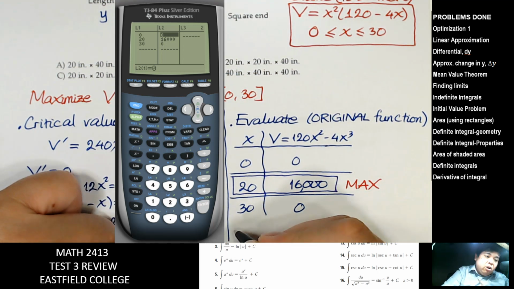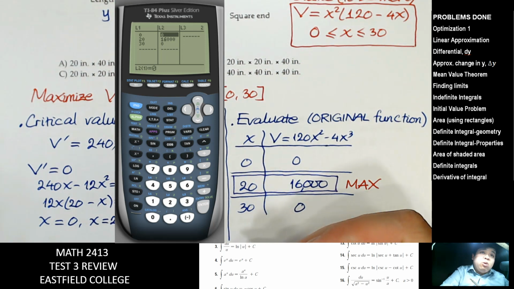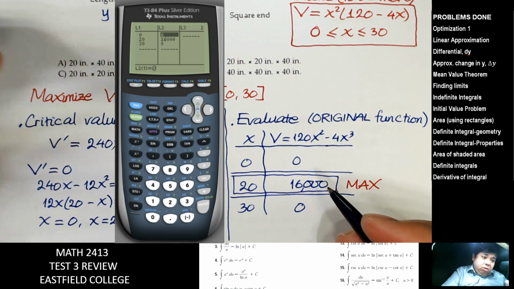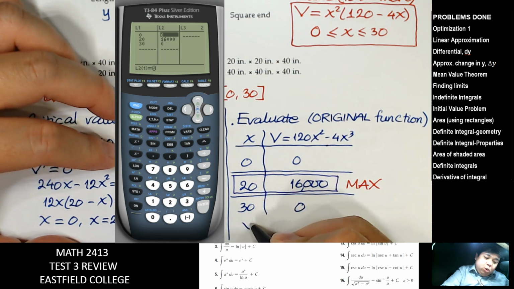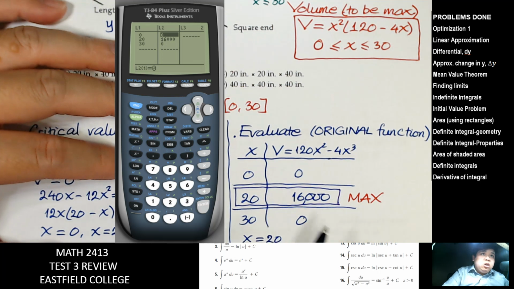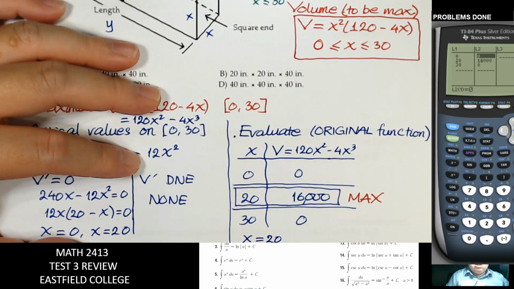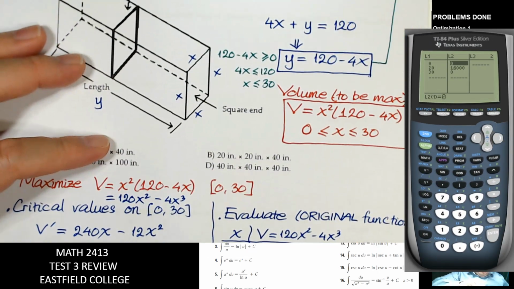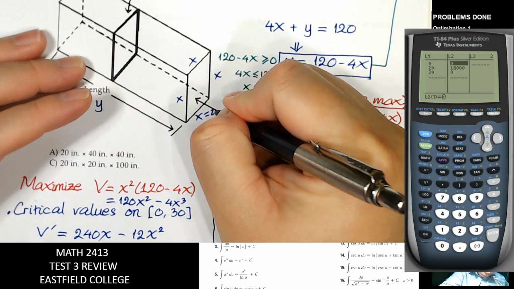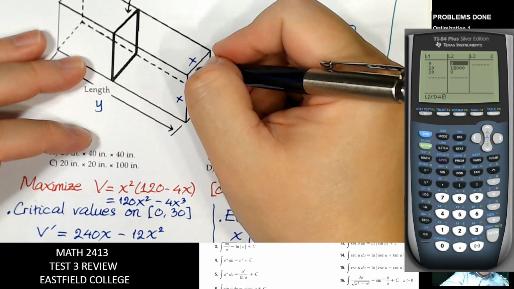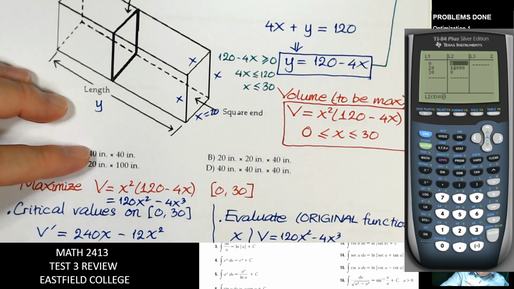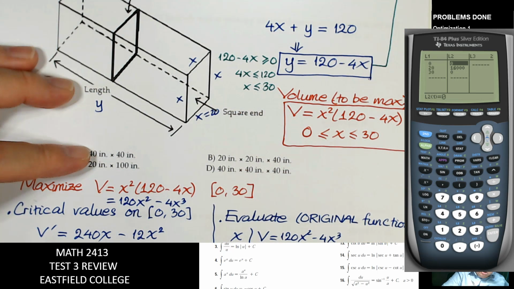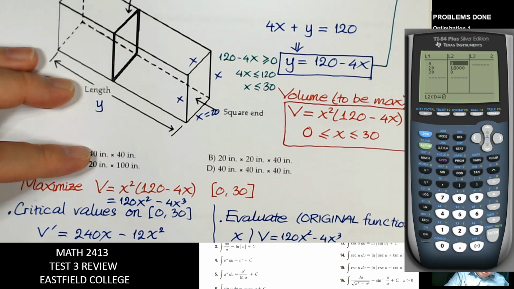So that gives us a max. The question asks for the maximum dimension. So we have x equal to 20. Putting the calculator on the side for a minute, we have x equal to 20, and y equals 120 minus 4x, which is 120 minus 4 times 20, 120 minus 80, 40.